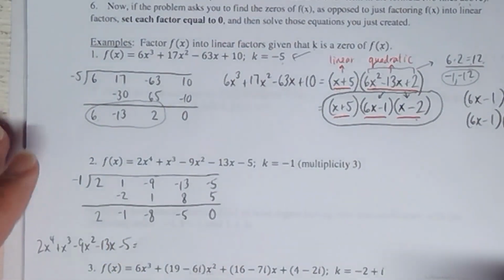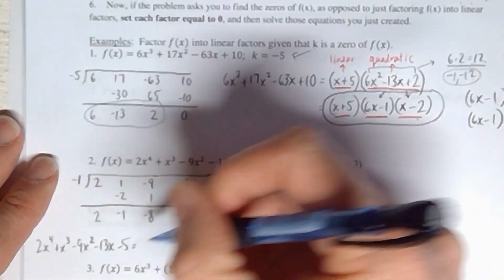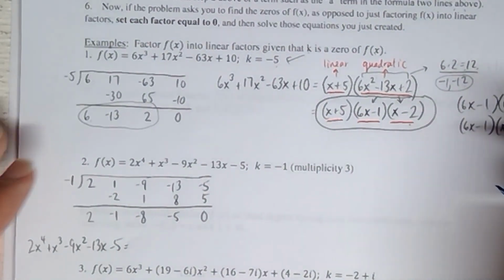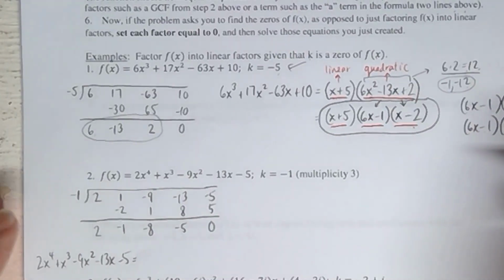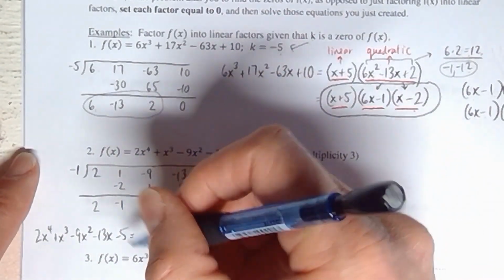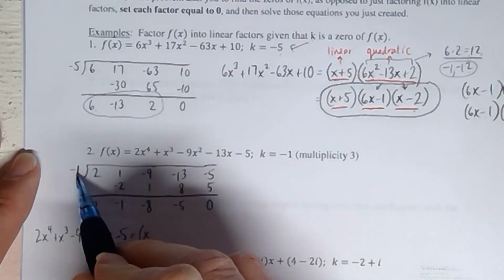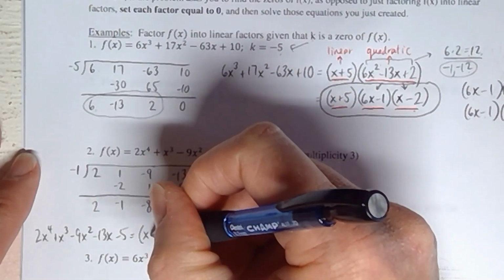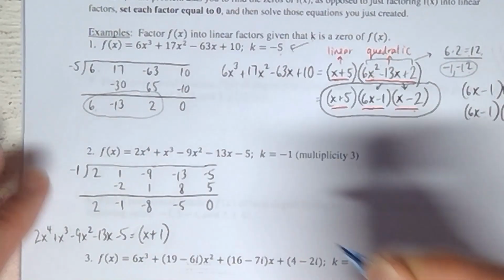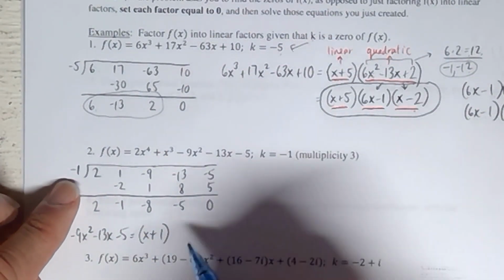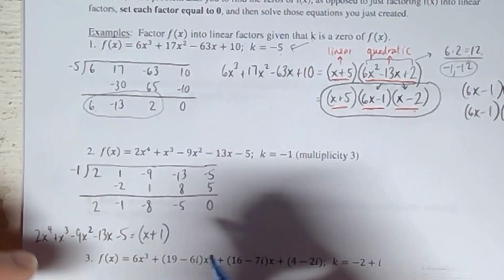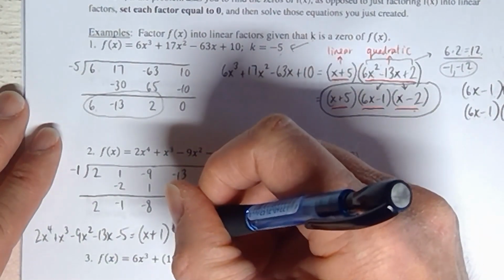Because the remainder was 0, we don't need to write the plus 0 in the end, but we do need to write what here when I factor this. I write down x, and then I need to change the sign of this thing out here, and so it's going to become plus 1. If that had been positive 1 on the outside, then you'd say x minus 1. We talked about that yesterday as well.